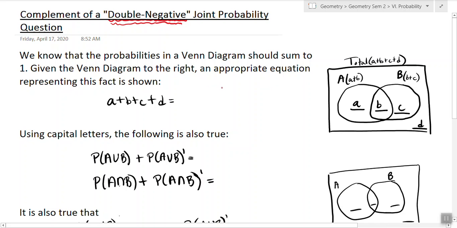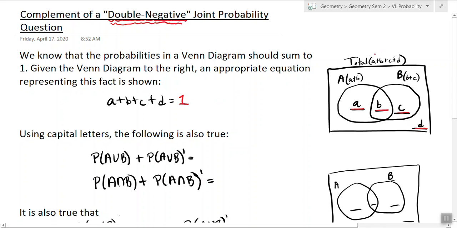There's not much new content in today's lesson, though, so we're just going to go back and review just a bit. We know that the probabilities in a Venn diagram should sum to equal 1. Given the Venn diagram on the right, an appropriate equation representing this fact should be A plus B plus C plus D. If we add up all those, then we should have 1.